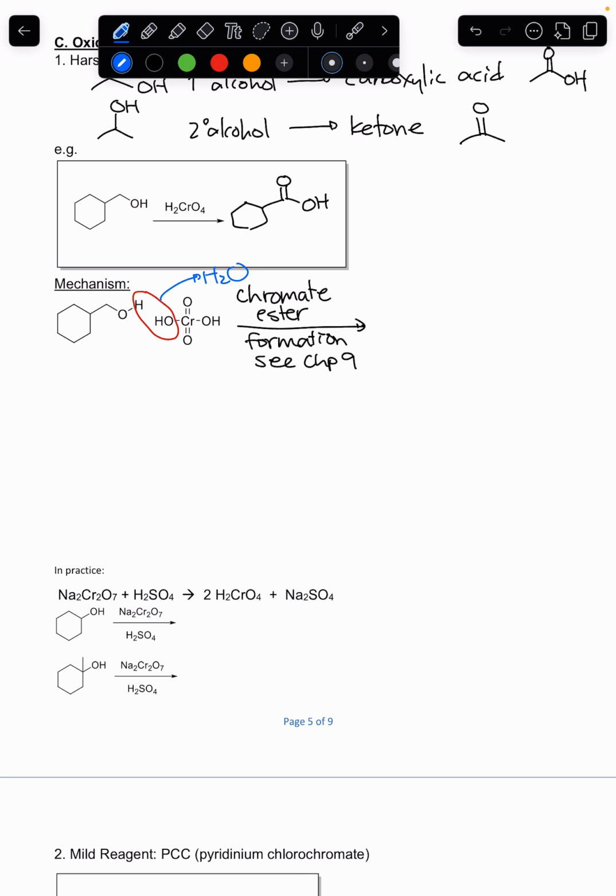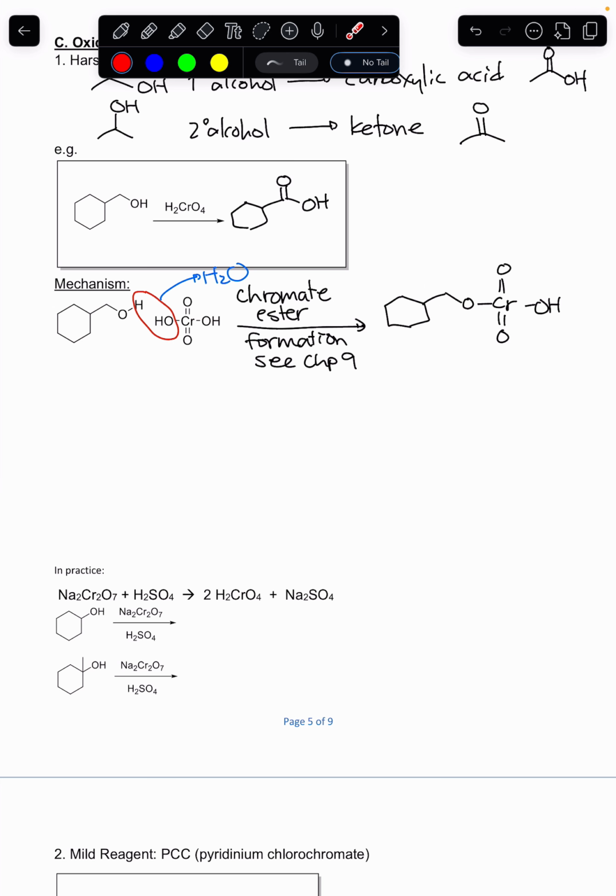Okay, and the two get combined to become a chromate ester molecule. It's just like the regular ester functional group, in that you have something with a chromium oxygen double bond and oxygen, and then an R group.